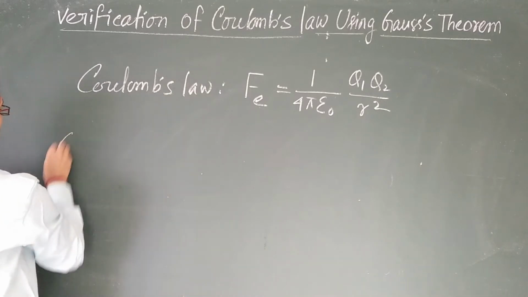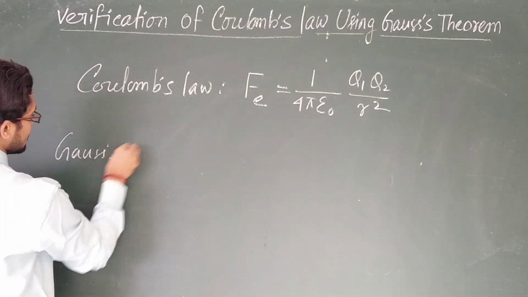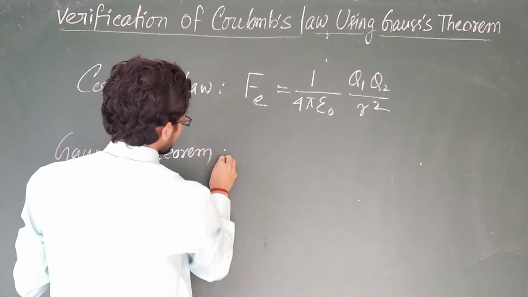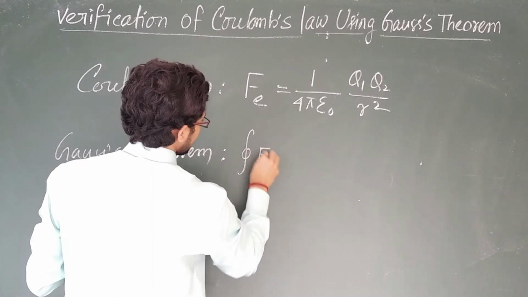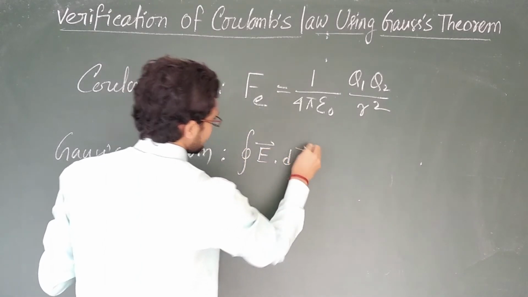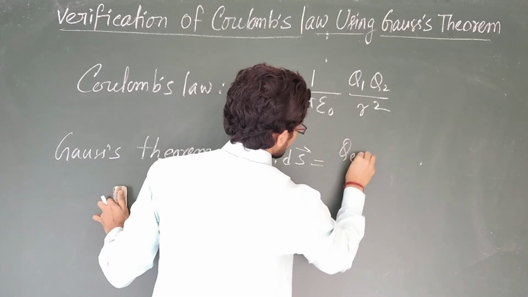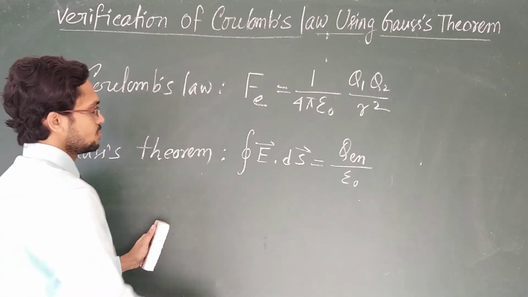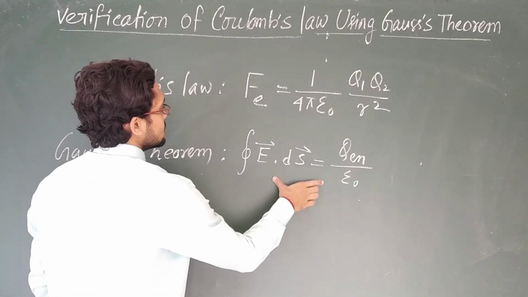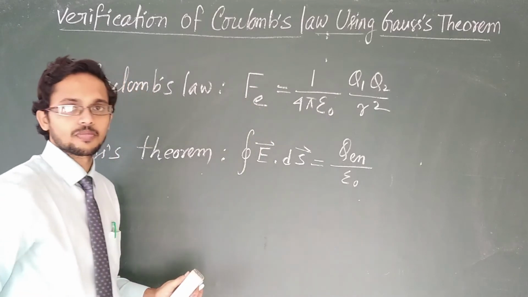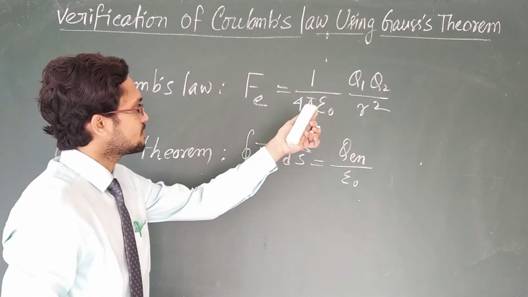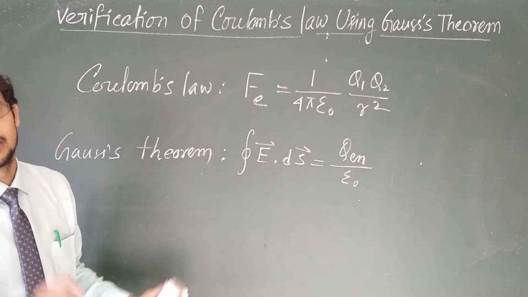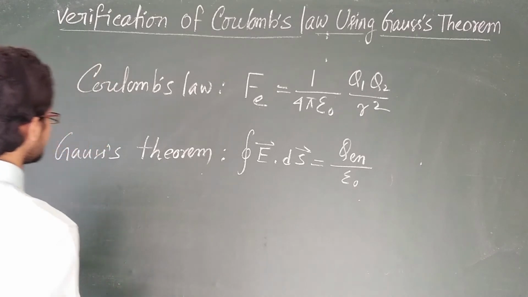And Gauss theorem tells that closed integral E dot ds equals q enclosed by epsilon 0. Here we will not take q1, q2, we will take one charge q and another test charge q0. So let's start.